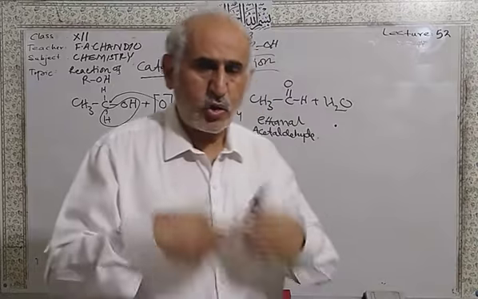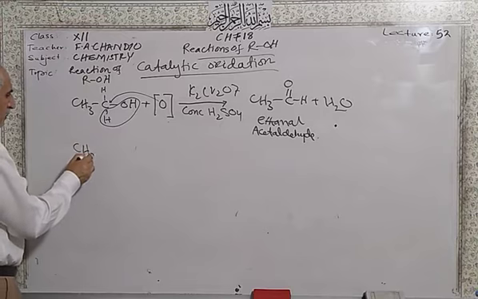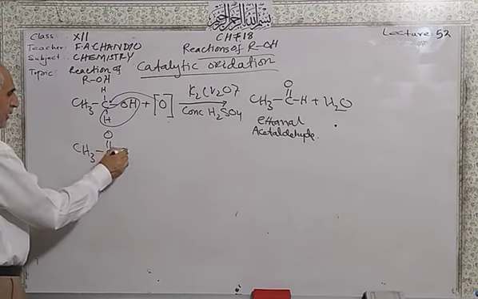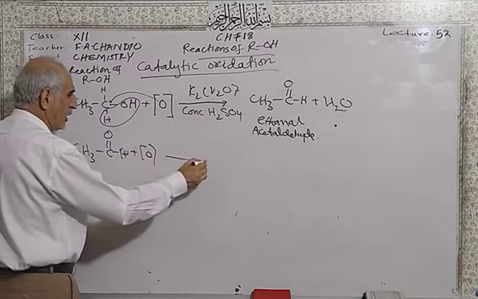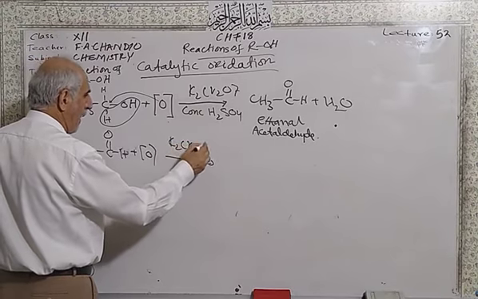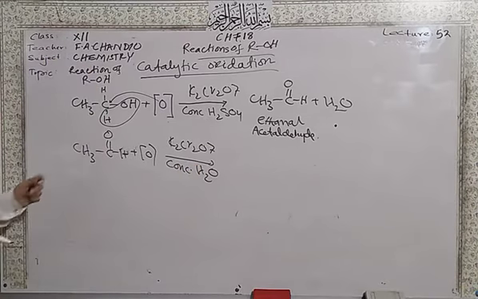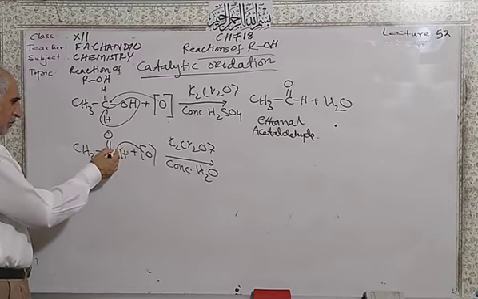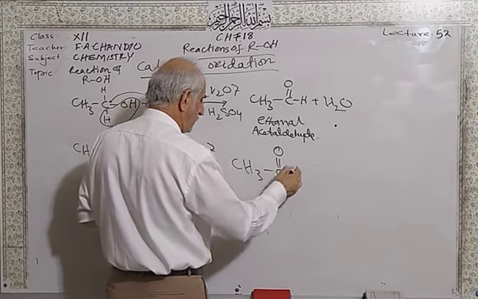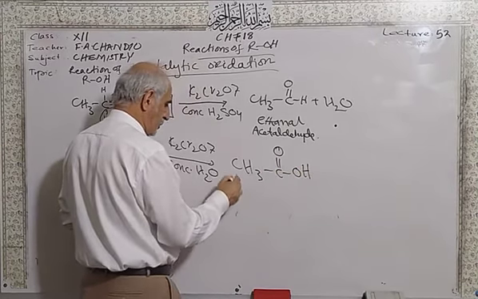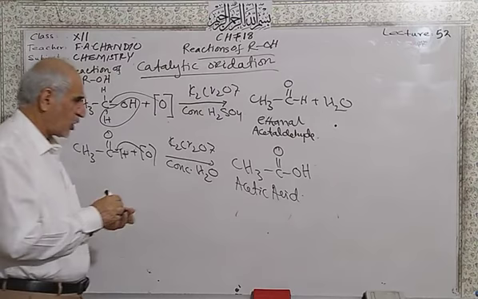Then if this aldehyde reacts more with nascent oxygen in the same conditions, this is the aldehyde, and the oxygen is going to be added here, and you will get carboxylic acid, acetic acid, ethanoic acid.